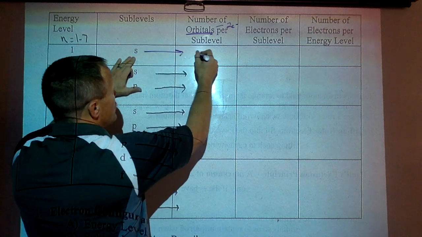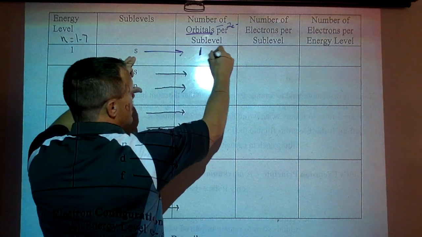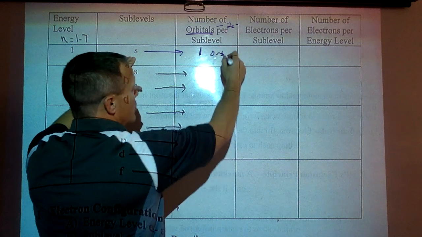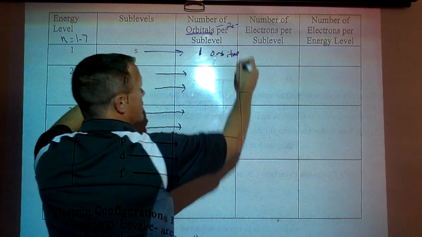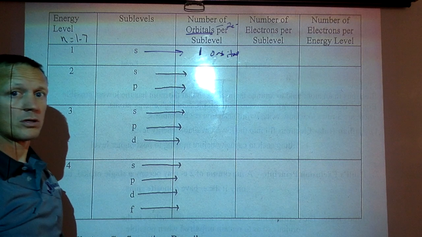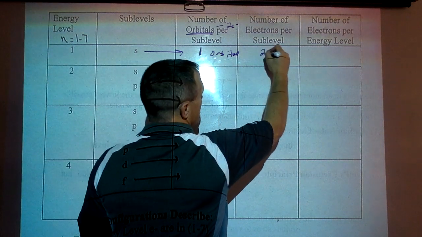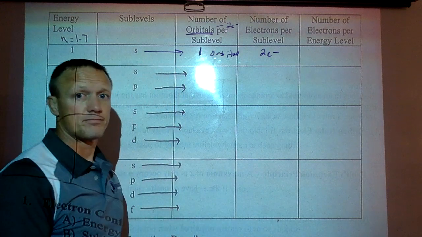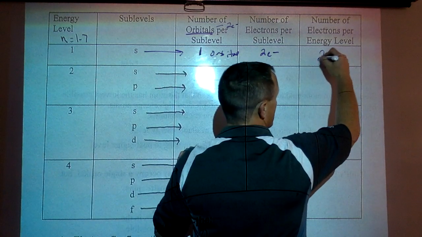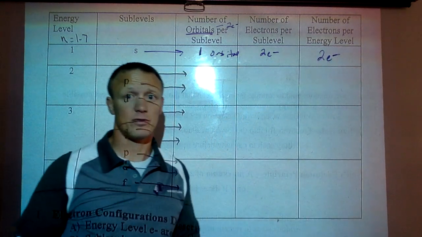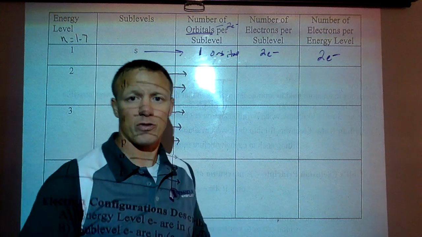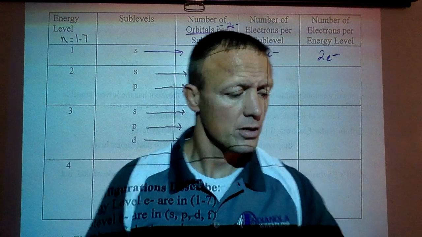That sublevel has 1 orbital, and that 1 orbital holds 2 electrons. So the whole energy level only has 2 electrons. That's all that's in the first energy level. So hydrogen and helium are the only elements that only have 1 energy level.